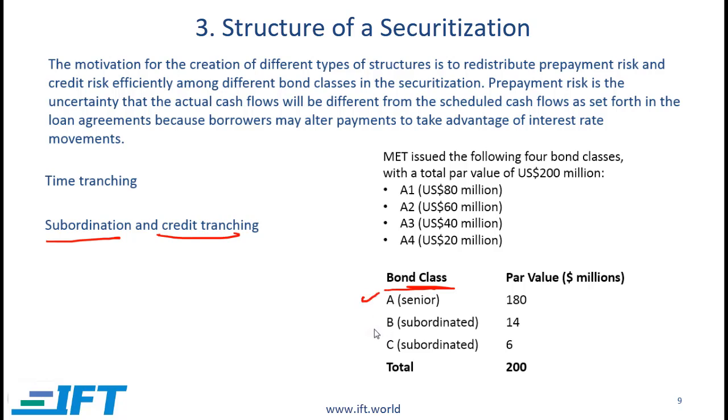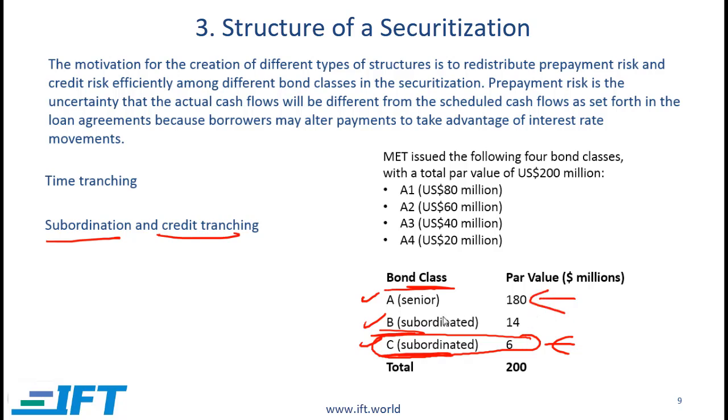If A is the senior bond class or the senior tranche and B is subordinated and C is subordinated to B, then if there are losses, the bondholders with these asset-backed securities, the most subordinated bond class, they will have to face losses first. Then bond class B will face losses, and then bond class A will face losses. So only if losses exceed 20 million will bond class A suffer.